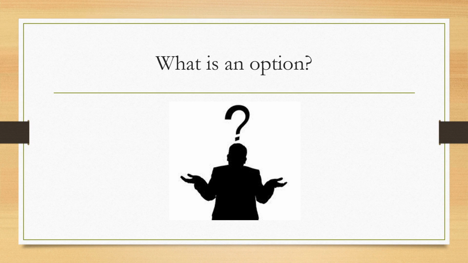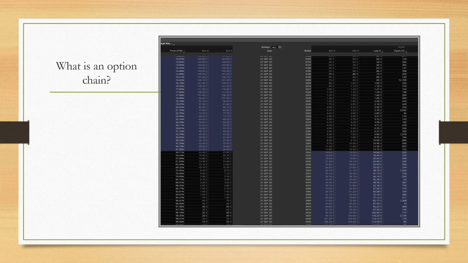Okay, and there's something called an option chain. You may not be able to see this real well. If not, we'll have it on the next slide where I'll go a little more in depth. This is your option chain, which is a listing of all available options contracts for an underlying stock, along with various data about the specific contract.